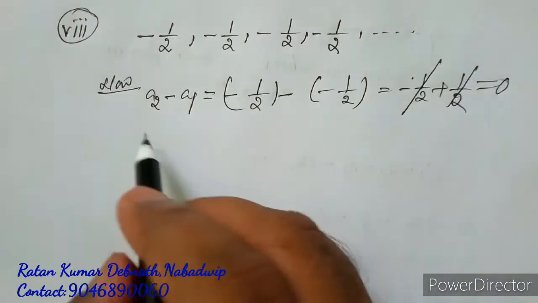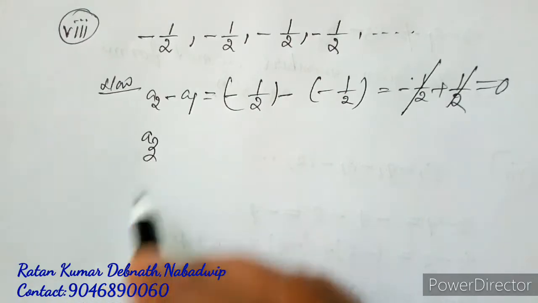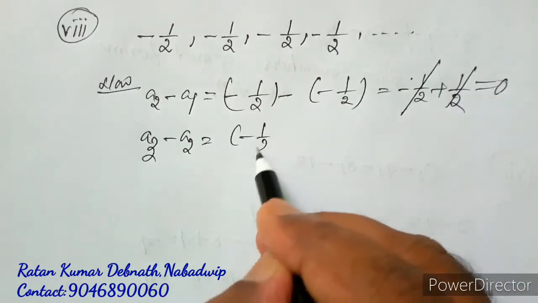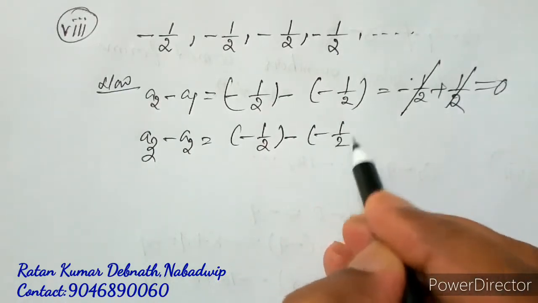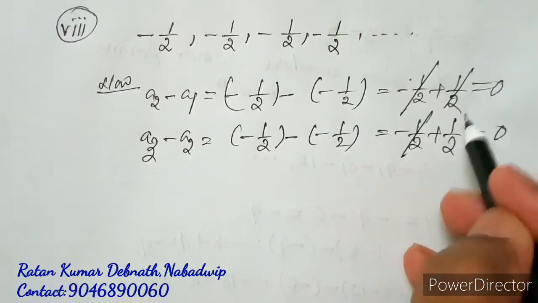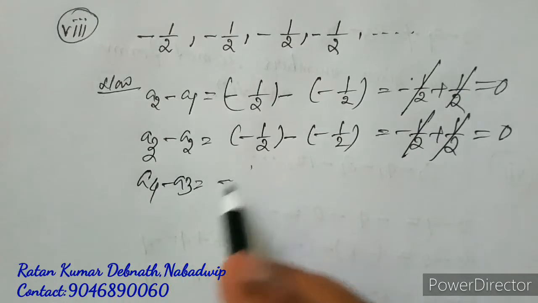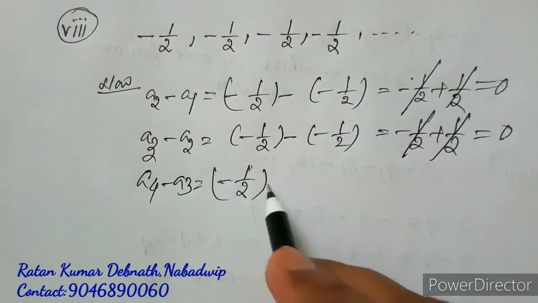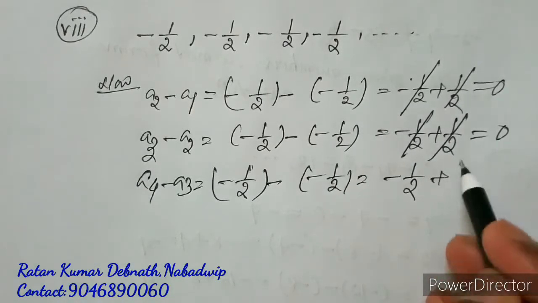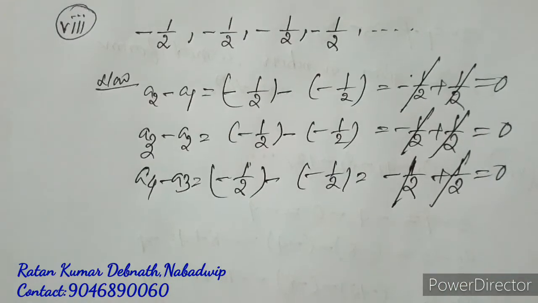Here all the terms are equal, so you will get 0 in all the cases. a3 minus a2: minus half minus of minus half, minus half plus half cancel, equals 0. a4 minus a3 equal to minus half minus of minus half, minus half plus half, 0.